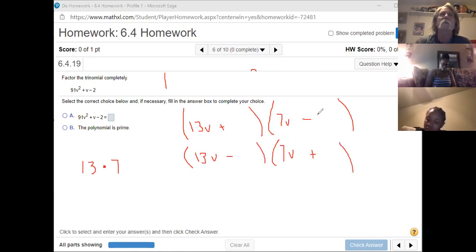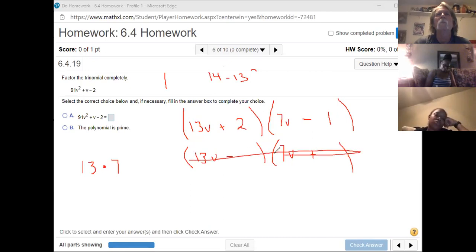Okay. So if I were to put a 1, it's just going to work because 2 times 7 is 14 and 1 times 13 is 13. So I'm going to end up with a 14 minus a 13. So I need to go negative 1 plus 2. All right.